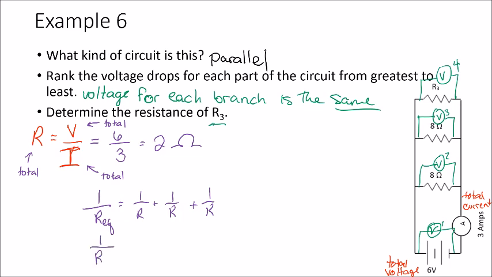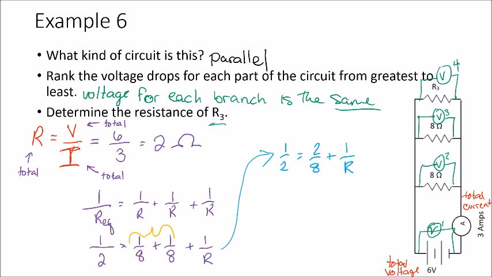So we have 1 over the total resistance, which is 2, equals 1 over 8 plus 1 over 8 plus 1 over some unknown number. Let's simplify this a bit. We can add 1 over 8 plus 1 over 8. That will be 2 over 8.